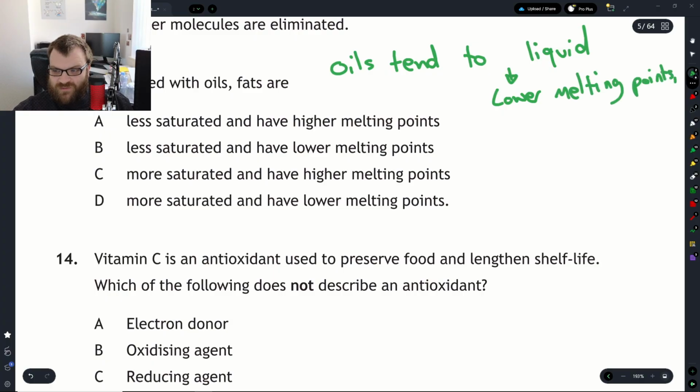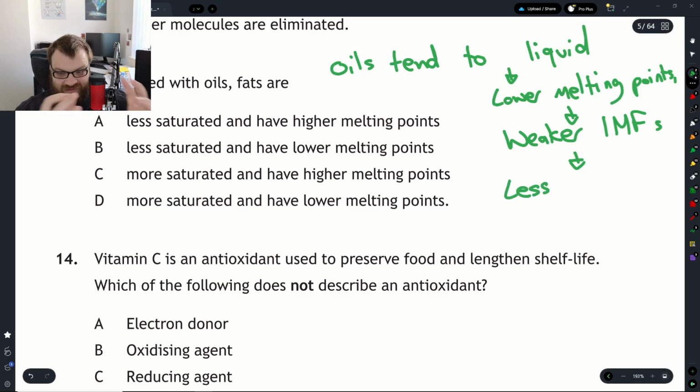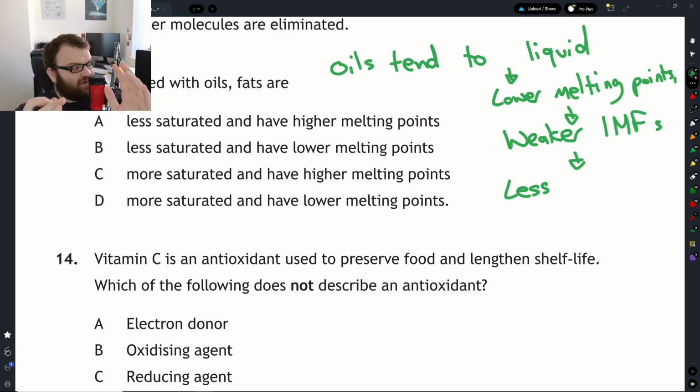The reason it has a lower melting point is that it's got weaker intermolecular forces. This happens because there is less close packing of the molecules. If they were packed really tightly together, that would give you stronger forces. The weaker the packing, the weaker the forces, or the less closely packed it is, I should say.